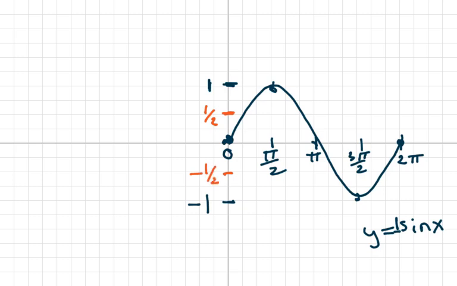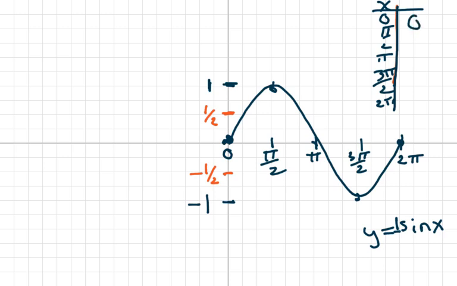I'm still going to start at 0, and recall for the parent function, you have your x values, your radians of 0, pi over 2, pi, 3 pi over 2, and 2 pi.